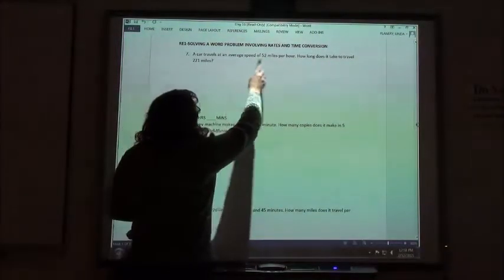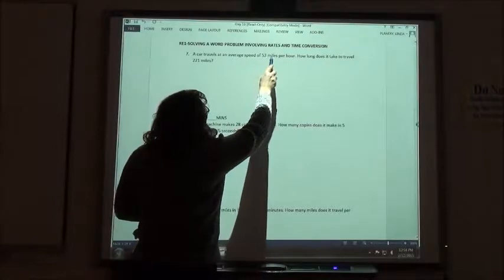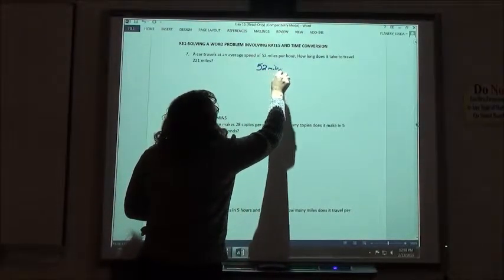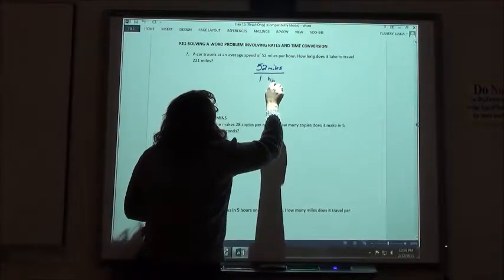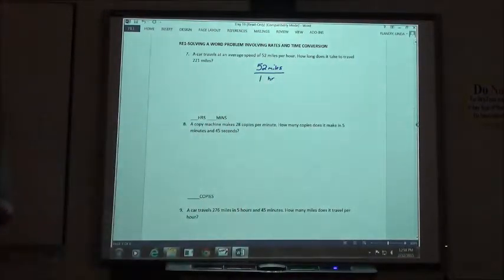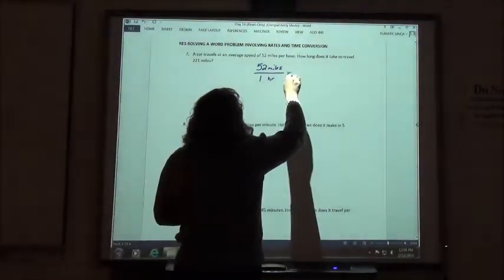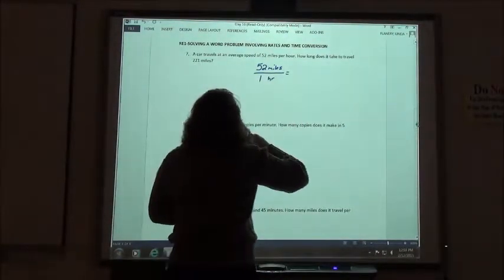This says a car travels at an average speed of 52 miles per hour, which means 52 miles in 1 hour, right? I go 52 miles in 1 hour. We want to know how long it takes to go 221 miles.